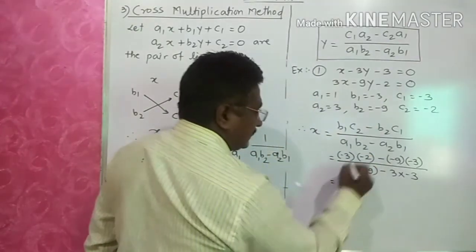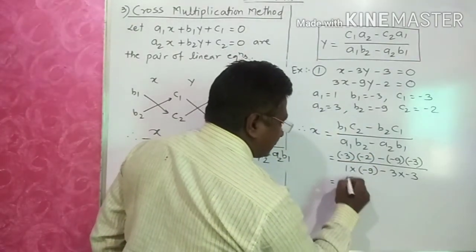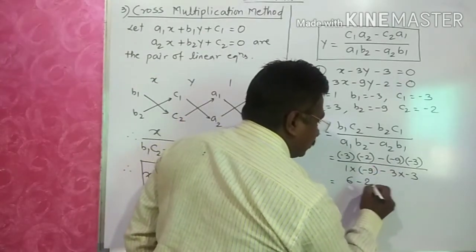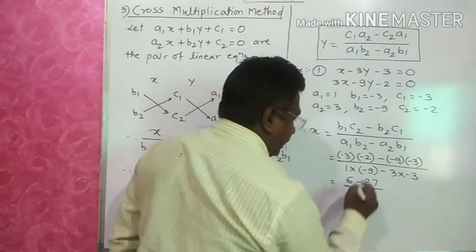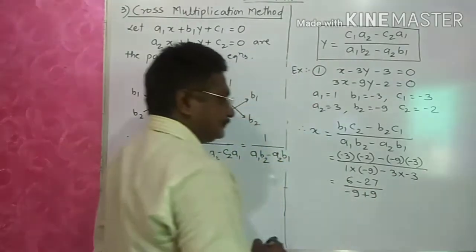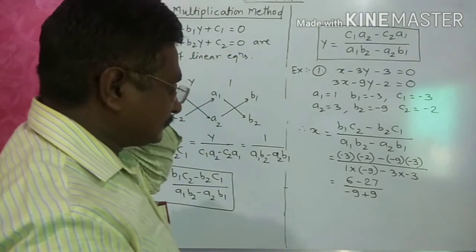So what will we get? 3 twos are 6, minus into minus is plus, then minus 27, by minus 9 plus 9.